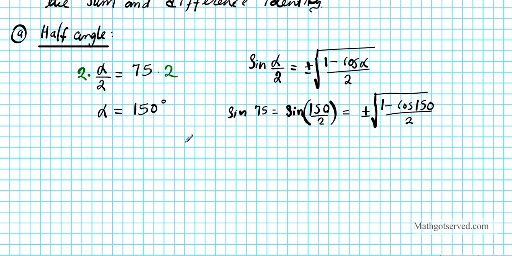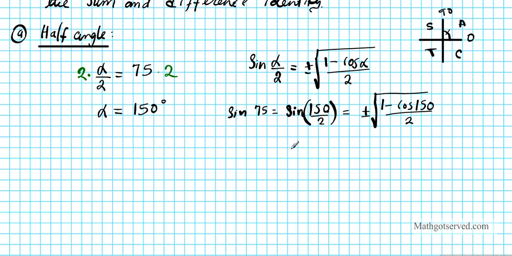Alpha over 2 is 75 degrees. Where is 75 degrees if we draw our coordinate system? 75 degrees is between 0 and 90, so it's right here. What do we know about quadrant 1? Well, all students take calculus. A basically means that all 6 trig functions are positive, so sine 75 has to be positive also.